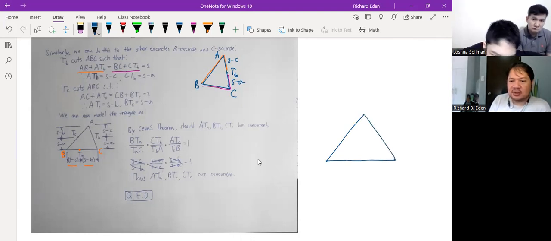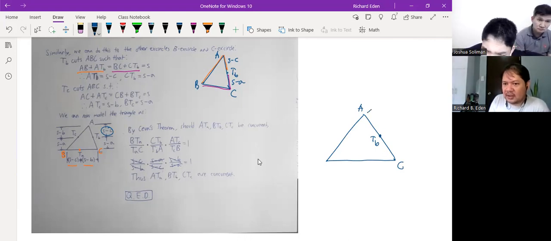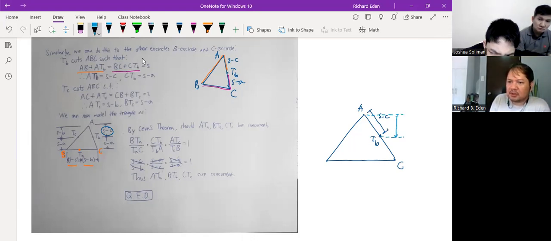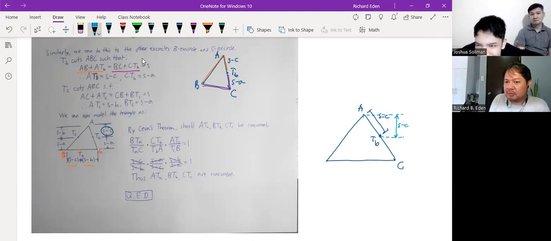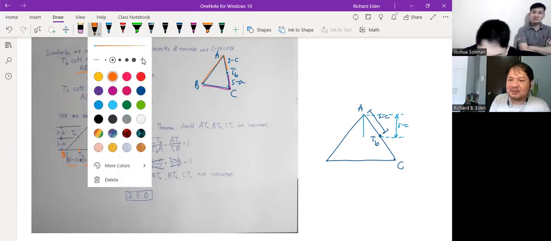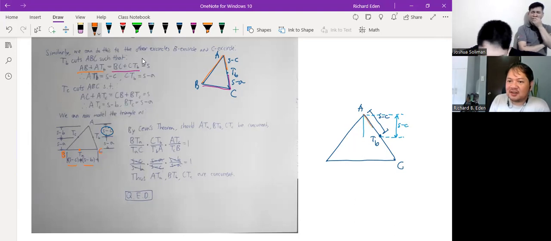Here is T sub B, then A, and then C, and S minus C really is this length. The way you depicted it, the blue depiction would seem to imply this length, whereas the S minus C you are referring to is actually this one.